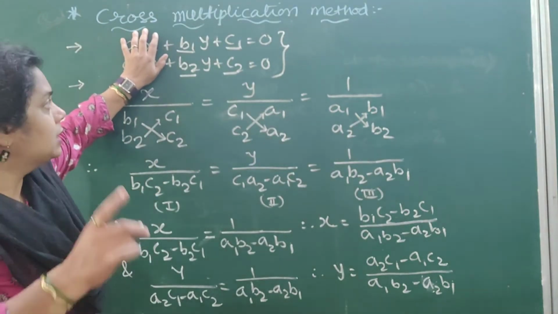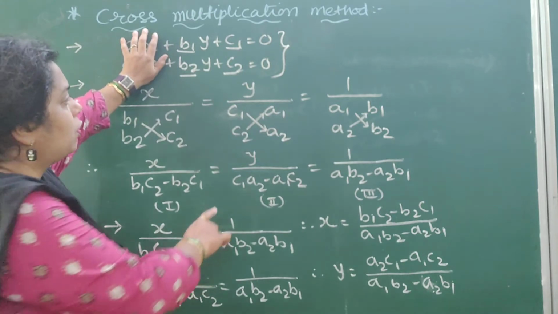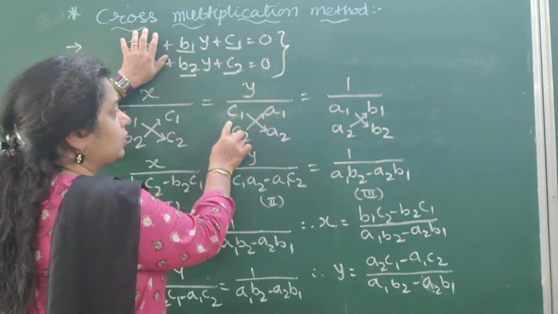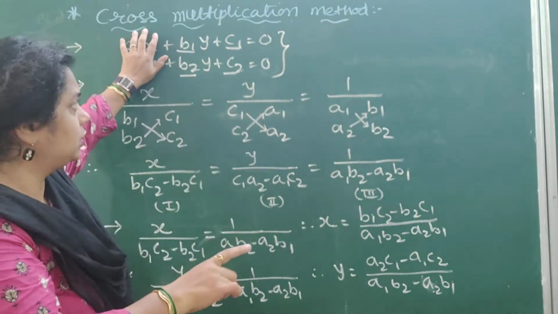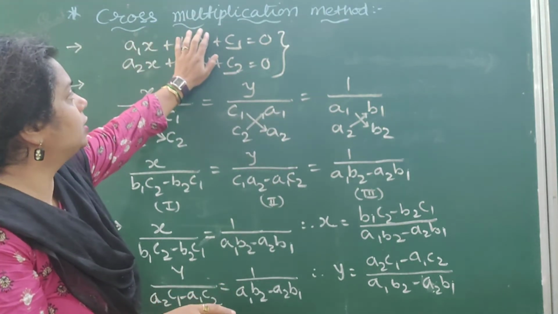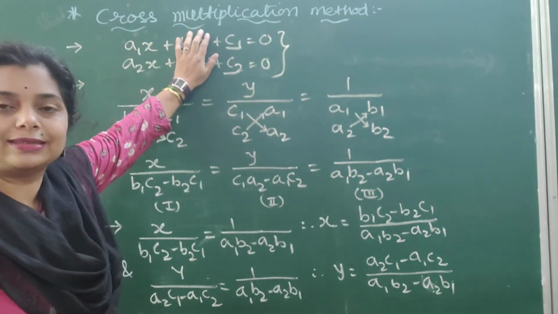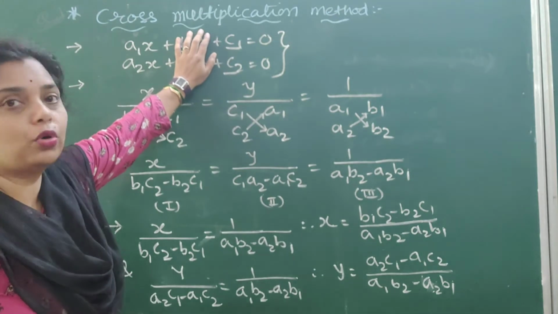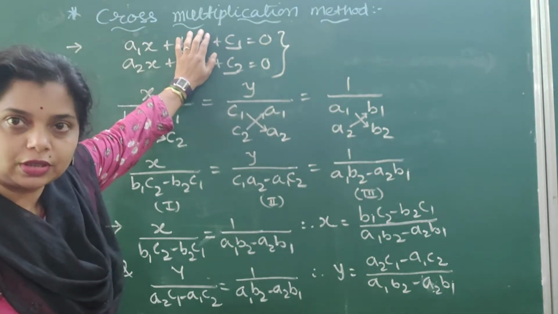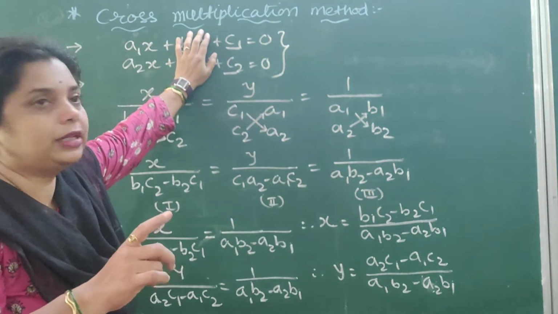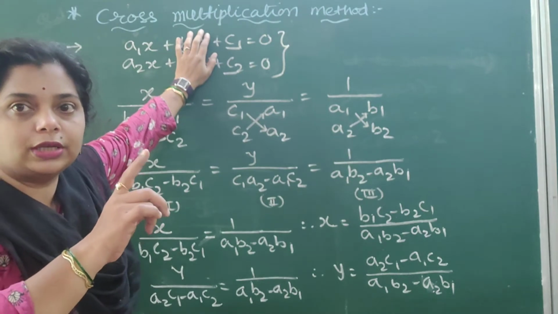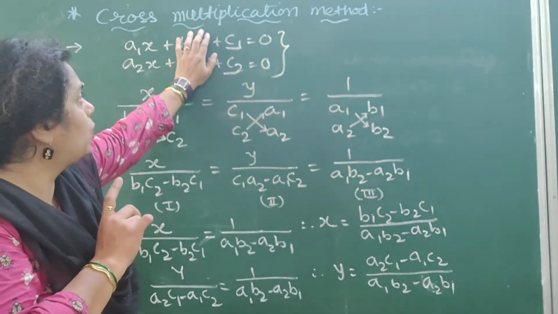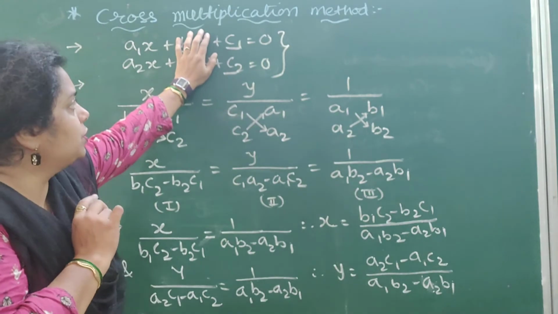Is it clear? Similarly, if we want to write something below y, the coefficient of x and constant, again you have to hide this second term of both the linear equations. In short, we have to hide the coefficient of y in both the equations.